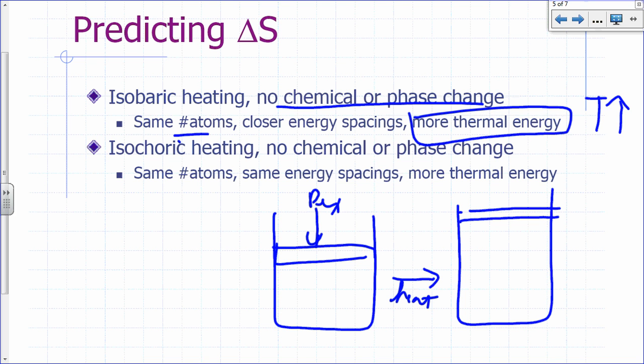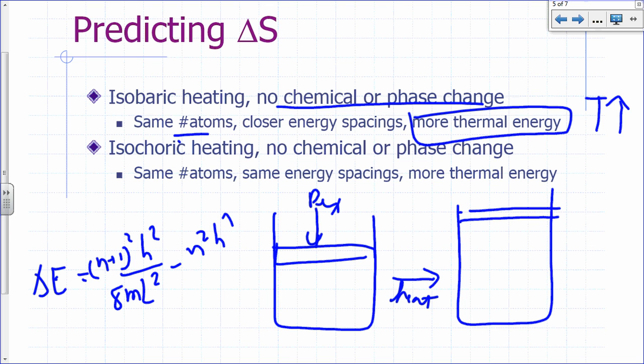Delta E would be (n plus 1) squared h squared over 8mL squared minus n squared h squared over 8mL squared. The bigger that length of the box, the smaller the gaps between the allowed energy levels. You can see that visually. The bigger the box, the less restricted the motion of your particles.